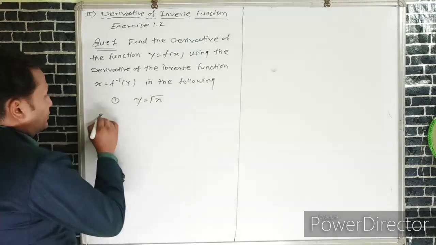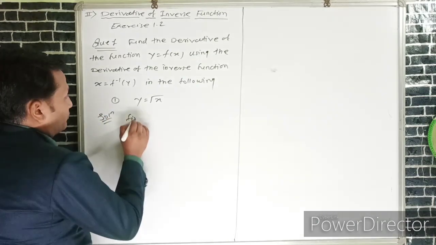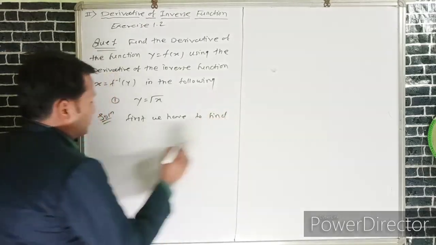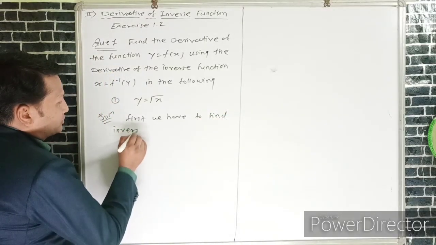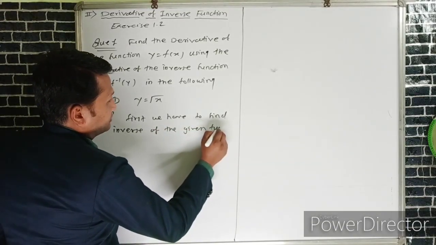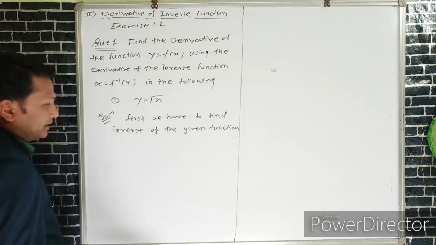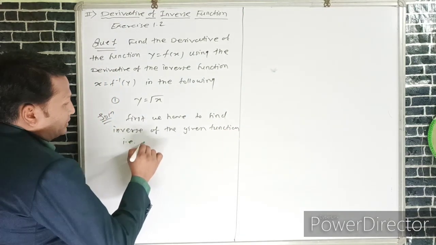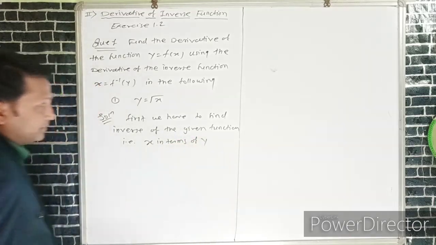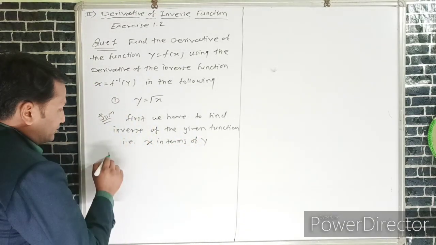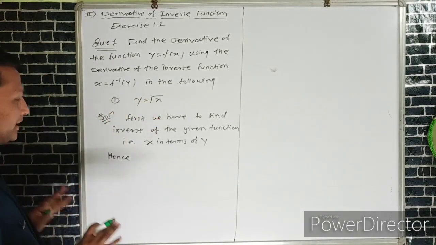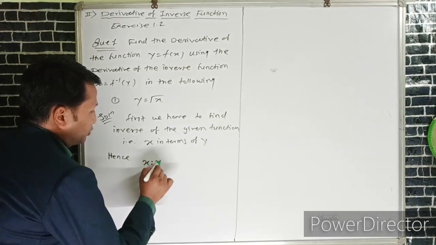Hence, first we have to find the inverse of the given function, that is, we can write x in terms of y. Hence, this function y is equal to root x, we can write x is equal to y square.